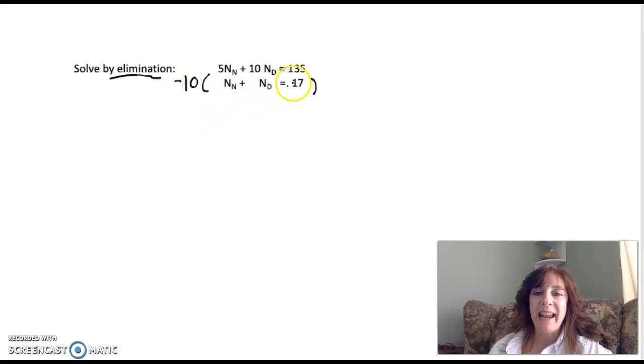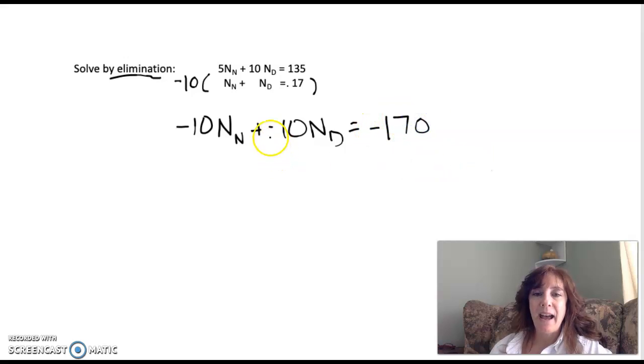So when I multiply negative 10 times all of that, I would get negative 10 n of n, negative 10 n of d, and then negative 10 times 17. I have to multiply it times everything all over that equation.